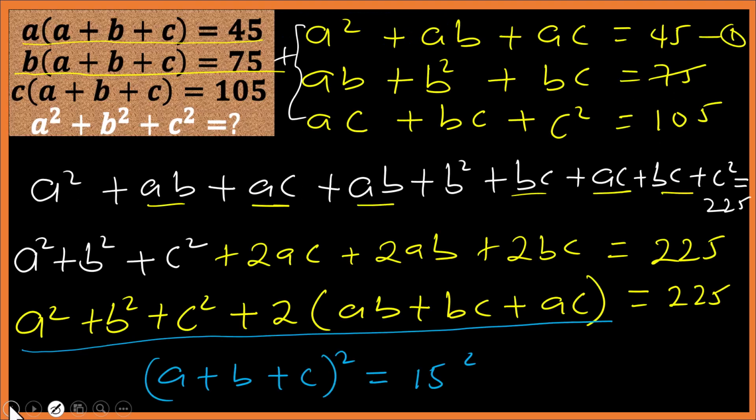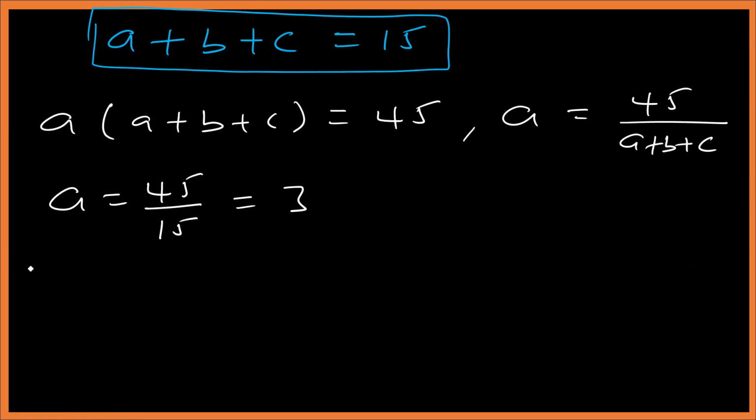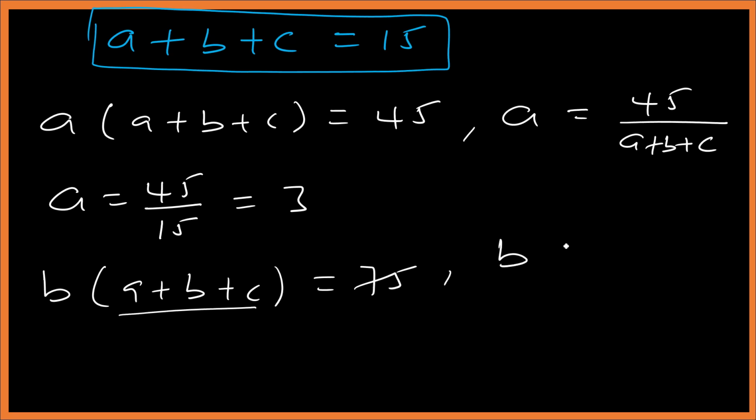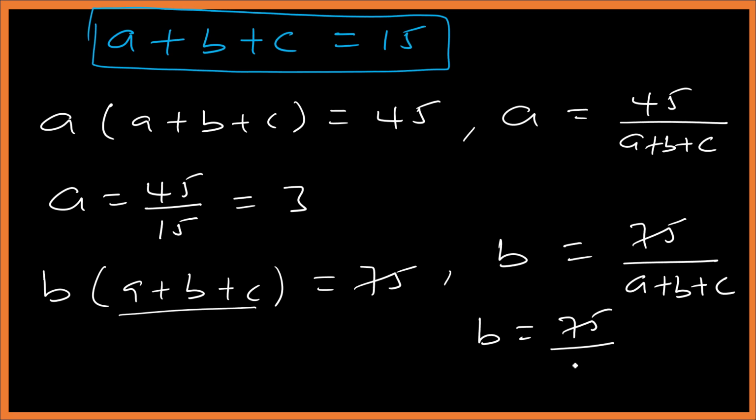Now let's go to the second one, b. So b times a plus b plus c equals 75. Same thing, b will be 75 over a plus b plus c. Therefore, b is 75 over 15. So 15 times 5 is 75, so we have 5.